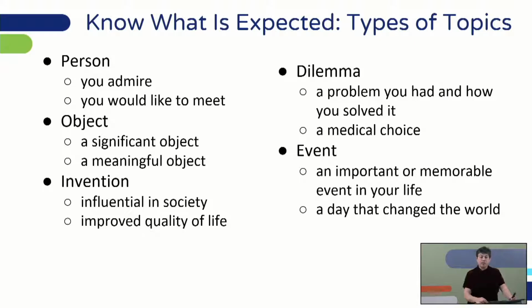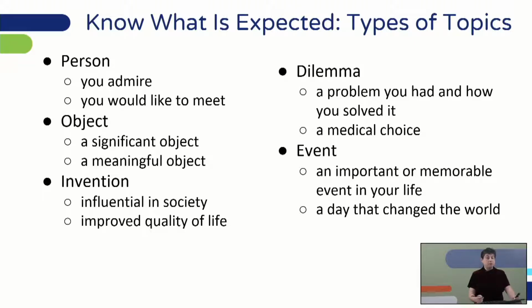Topics. What could you write about? They could ask you to describe a person, an object, an invention, a dilemma, or an event. Here on the screen you can see different details about each of these different kinds of things. A person you admire or one you'd like to meet, an object that's significant or meaningful to you, an invention that changed the world, improved the quality of life, had some kind of influence on society, or a dilemma, maybe a problem that you solved and how you solved it.